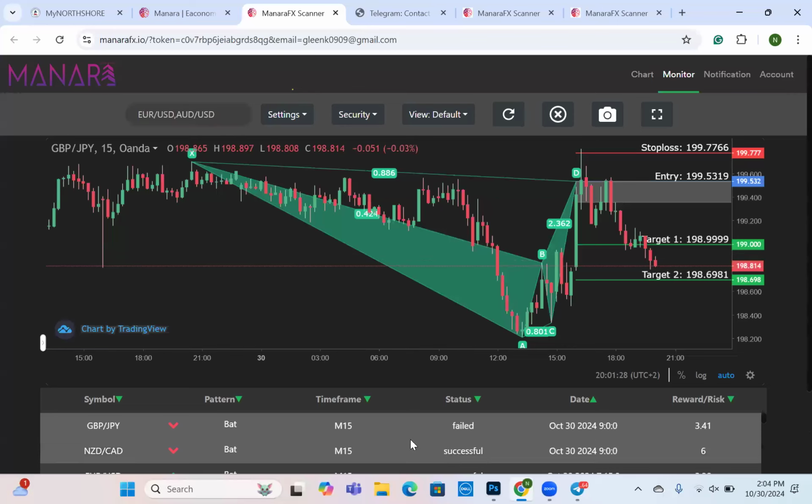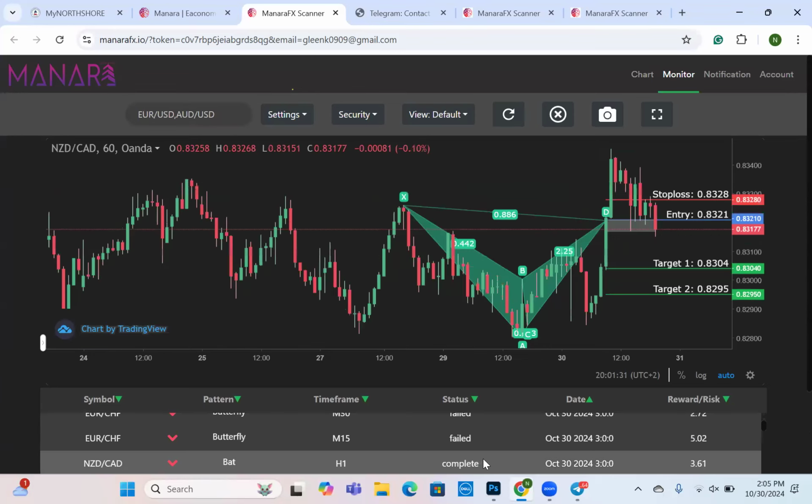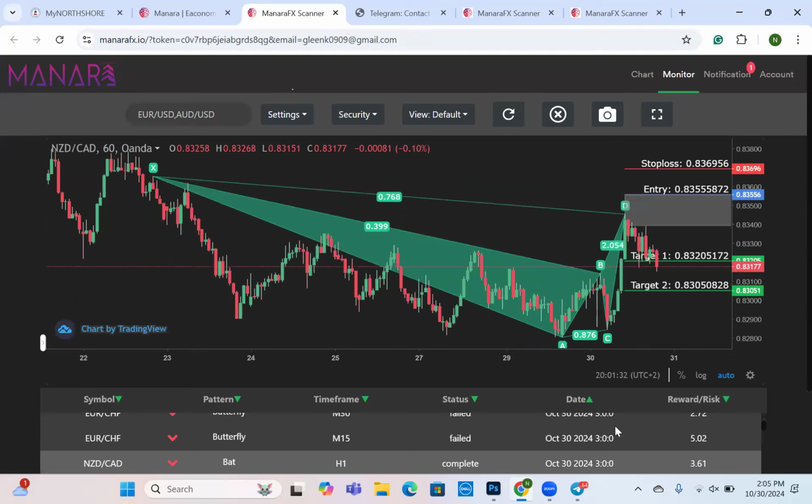It means that signal is still ready for you to take. Something like this means you can still enter this trade because it is still saying complete. It has not moved. It is probably moving, but it has not reached TP1, neither has it reached TP2.